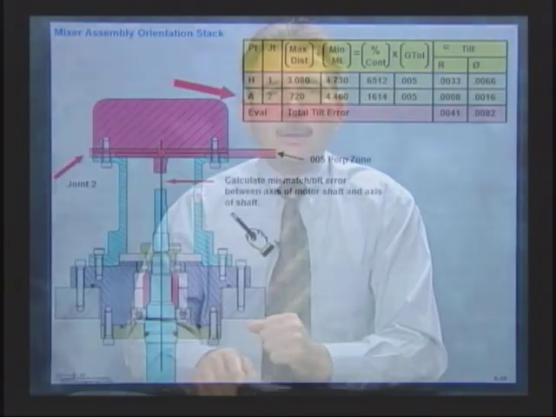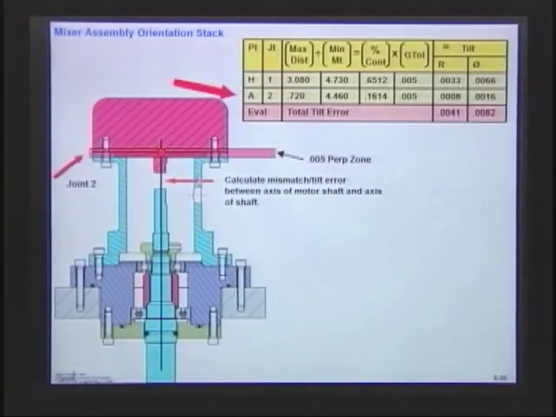All right, that really beat this mixer to death here. There is one other calculation that I would like you to do, and I don't have the solution here for you, but I will have the solution in the back of the book. It's a linear stack.